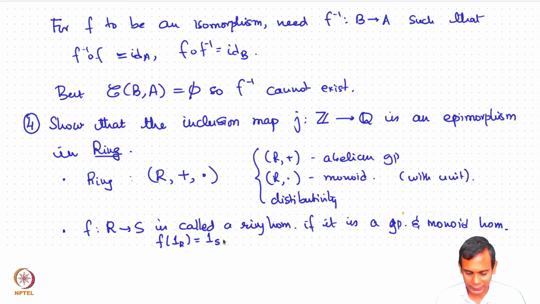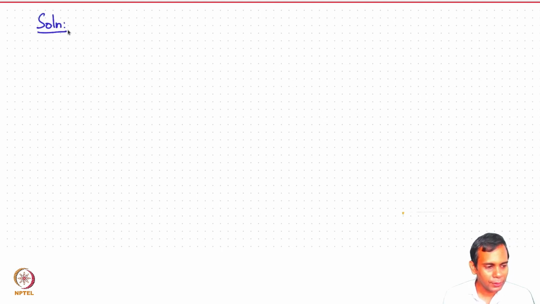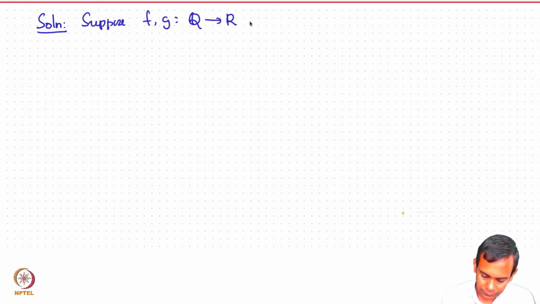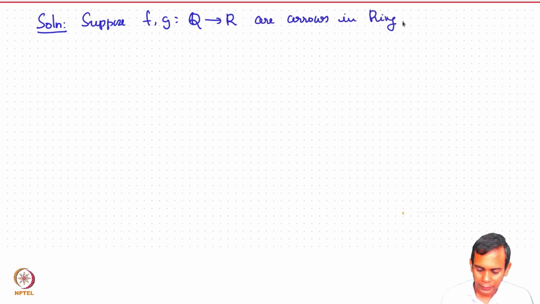It's actually quite interesting. So here's what I'm going to prove. Suppose F and G are homomorphisms from Q to R. Then I claim that F is just equal to G. So let's see.